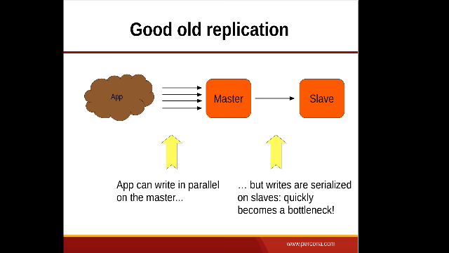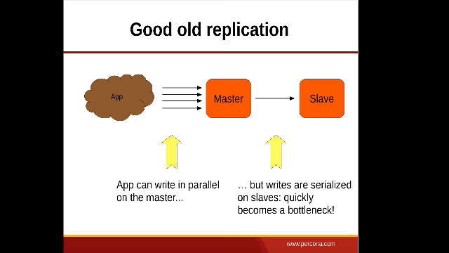However, when it comes to replication, when you're on the slave, there is only one worker, one replication thread, that can execute queries on the slave. So we may quickly have a problem. We can have multiple writes in parallel on the master. However, on the slave, the writes are serialized.